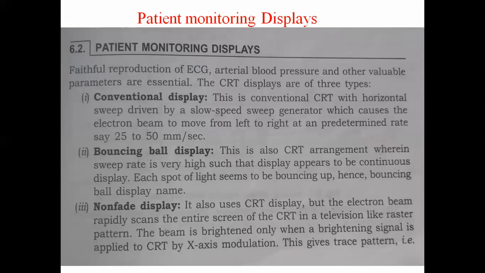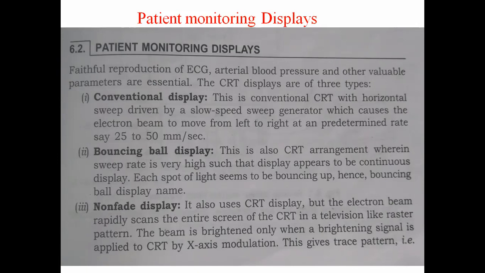In the olden days, paper and chart recorders were used, and with that we could get a permanent recording. But the major displays for patient monitoring are the CRTs. CRT is nothing but cathode ray tube.